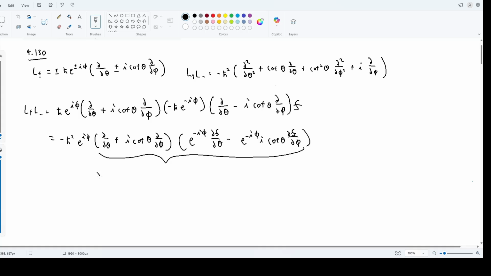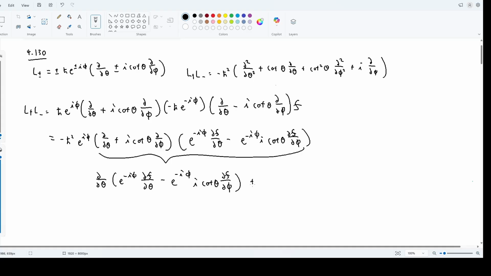Term 1 is d by d theta of e to the negative i phi df by d theta minus e to the negative i phi i cotangent theta df by d phi.